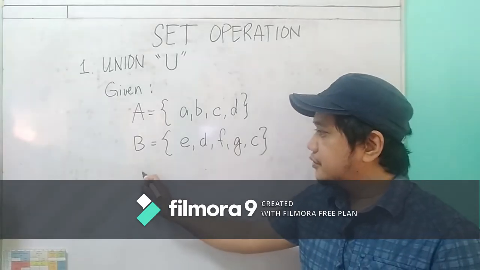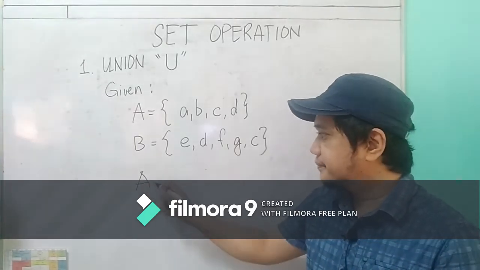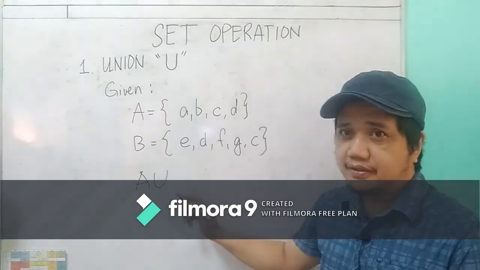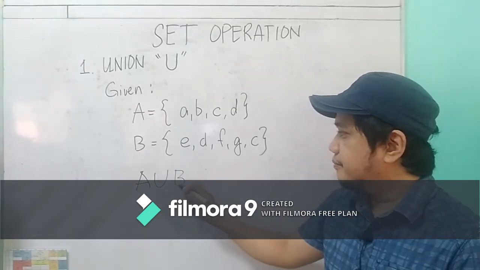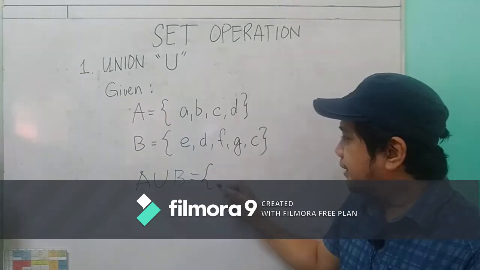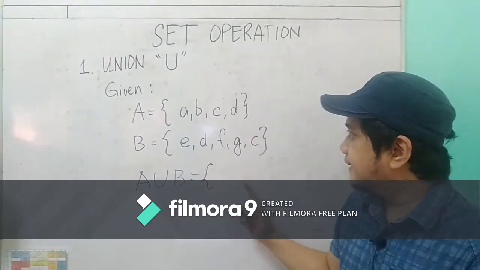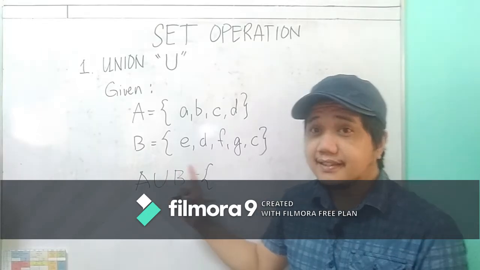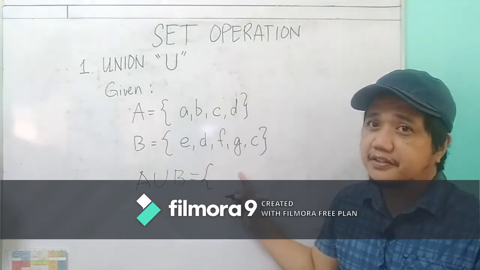So what we're going to do is write A, the symbol of union, write B, and then the equal sign, the open brace, and then after that, write the elements that are unique.